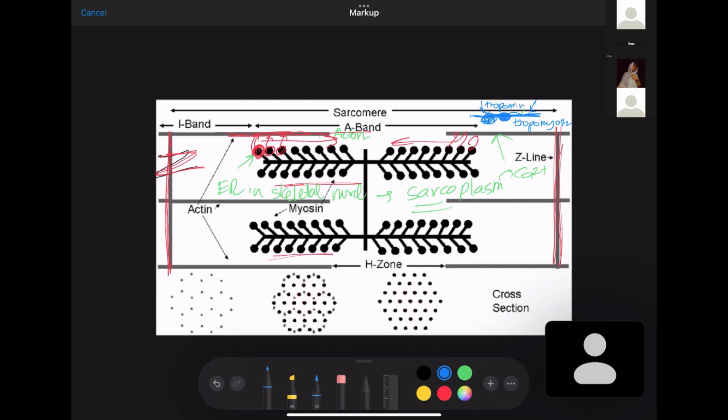So the myosin wants to bind to these actin filaments. To bind, it has myosin head binding sites on this actin, but they are covered by the troponin. So the calcium released from the sarcoplasm will come and bind to these troponin molecules and expose these binding sites.